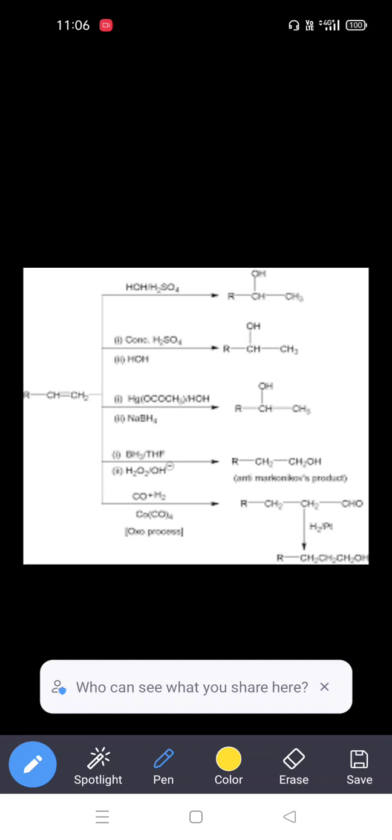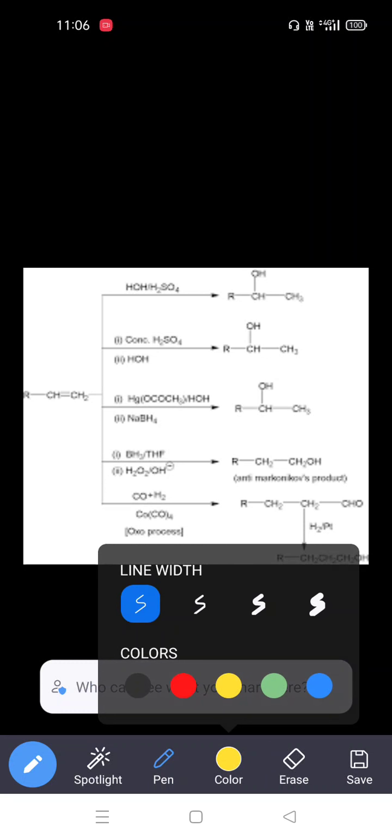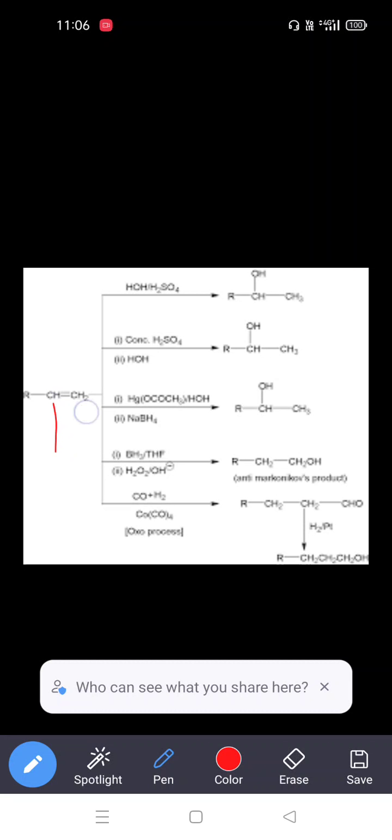First one, hydration. Hydration means addition of a water molecule to the alkenes. What is happening generally? The pi bond between the carbon and carbon breaks. Here the addition of water molecule, H plus and OH minus. Water is a polar compound, so the polar groups H plus and OH minus are present in the water molecule.